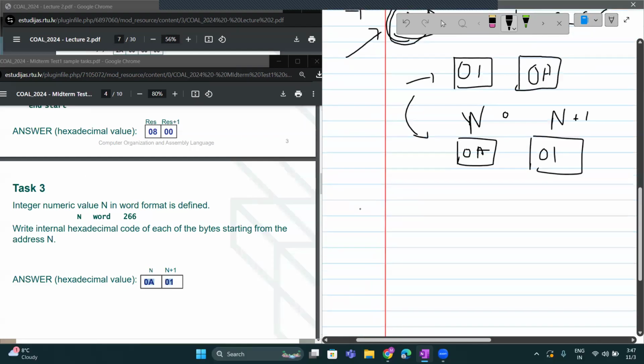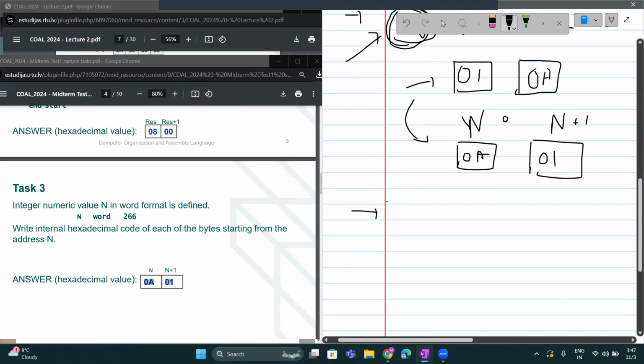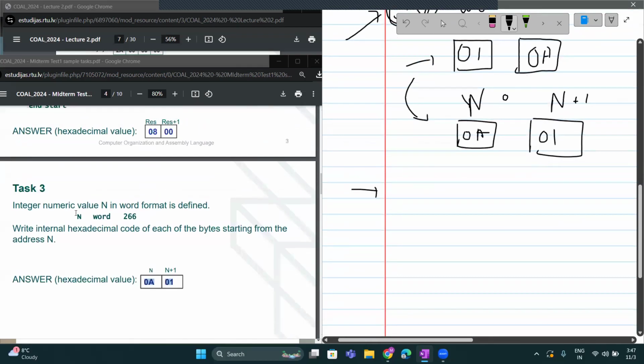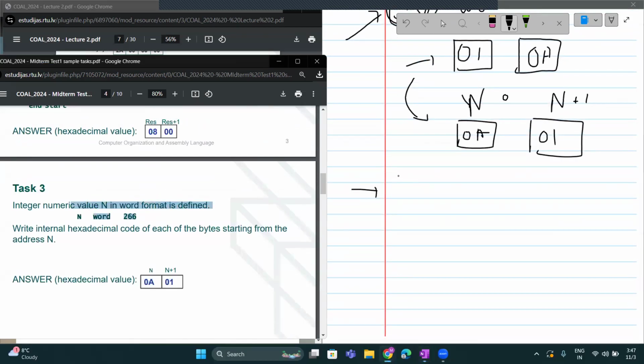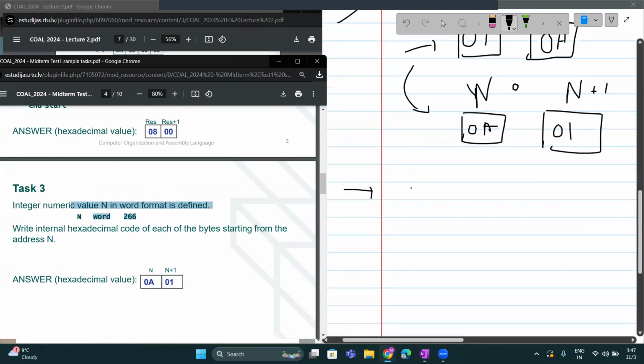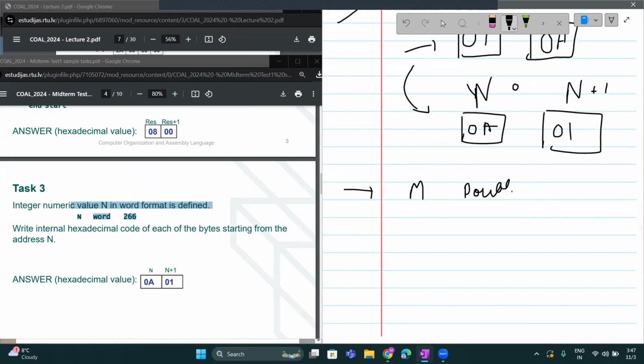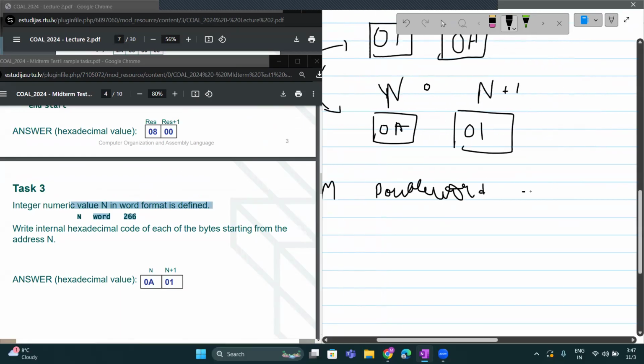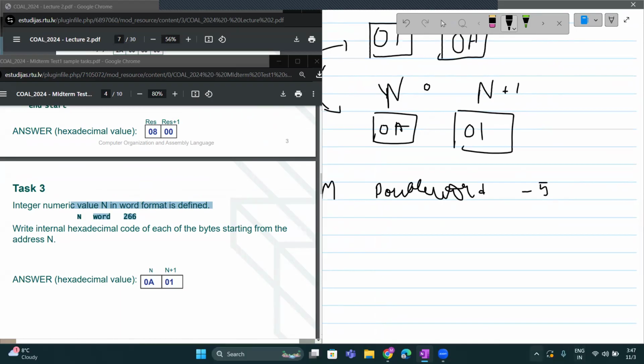This question will definitely be in the exam. As it's an example, just the values will be changed. So another example can be M double word and -5. So let's try to represent this first of all in hexadecimal.